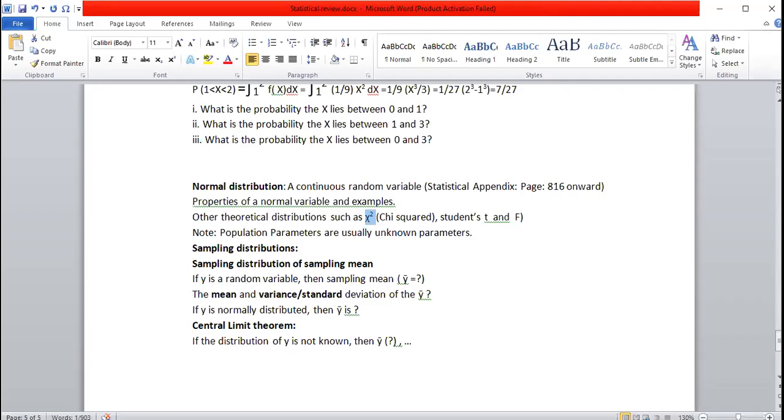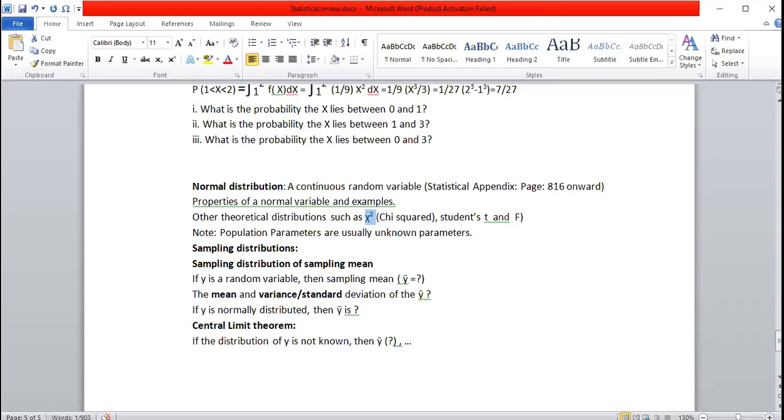Another distribution is T. T is again a ratio of chi-square and F. Okay, let's talk about F first. F is a ratio of 2 chi-squares.